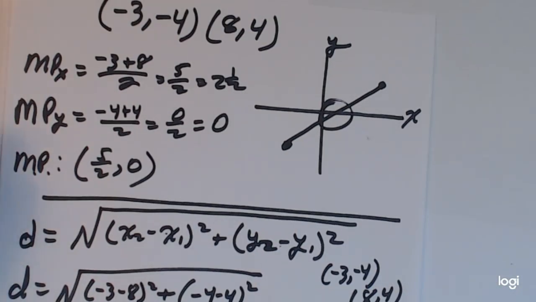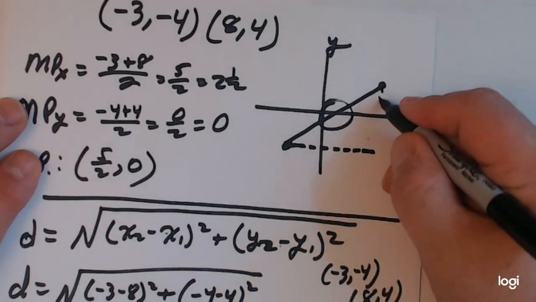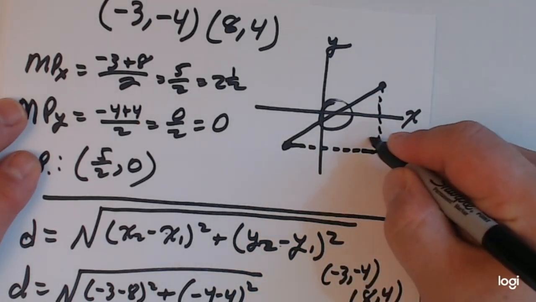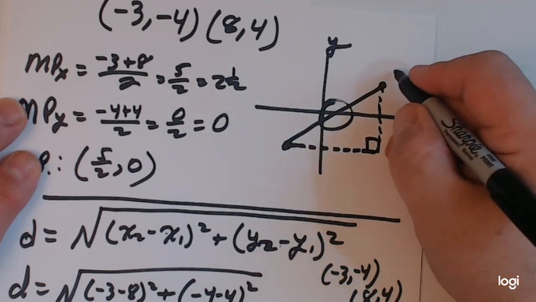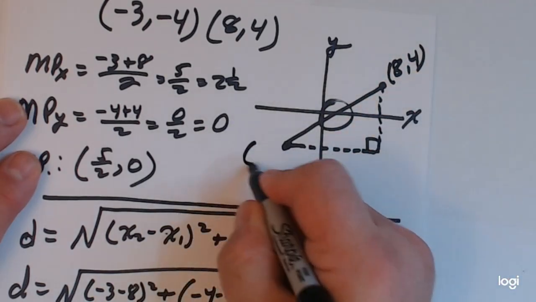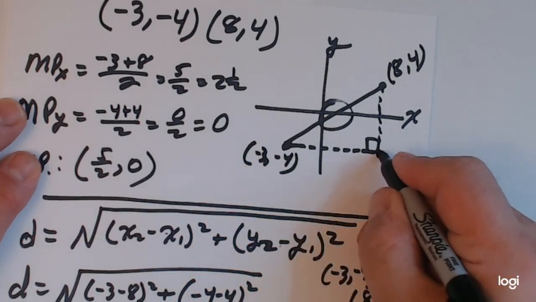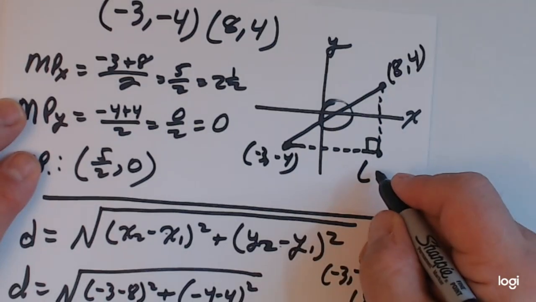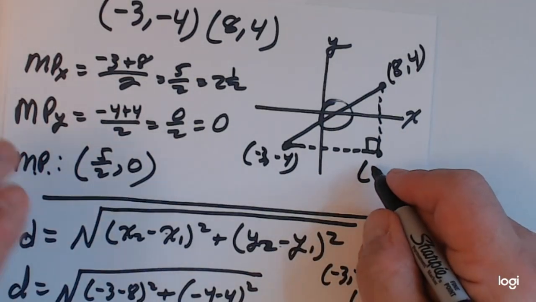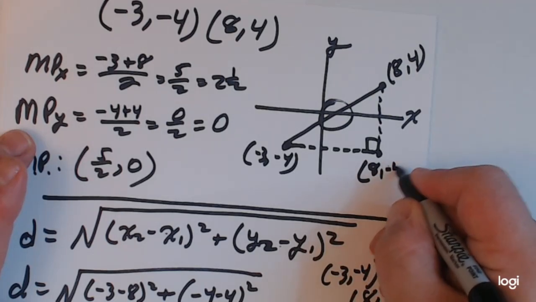So let's go back up to the top, draw in a horizontal, drop down a vertical. This point is 8, 4. This point is -3, -4. And this point is 8, -4.